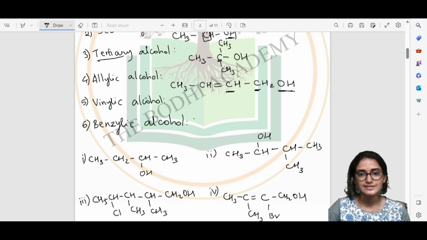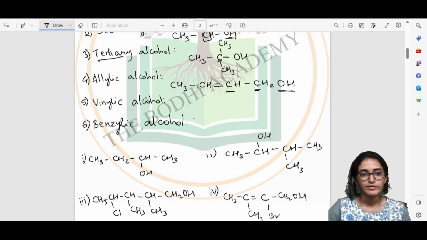You can see that these two are the double bonded carbons, 1 and 2. So if you have this case, then it is termed as allylic alcohol.